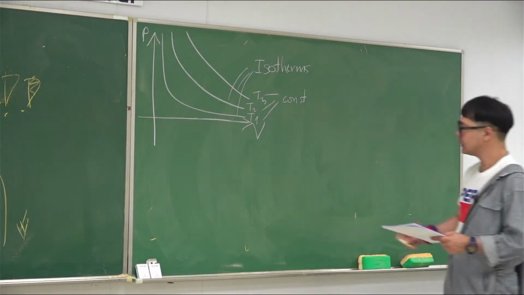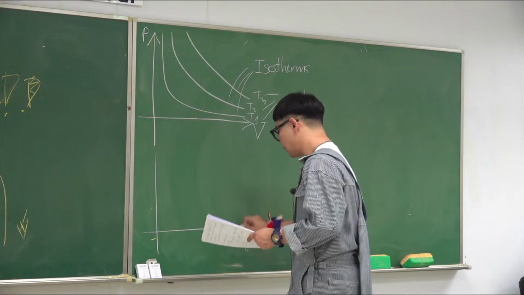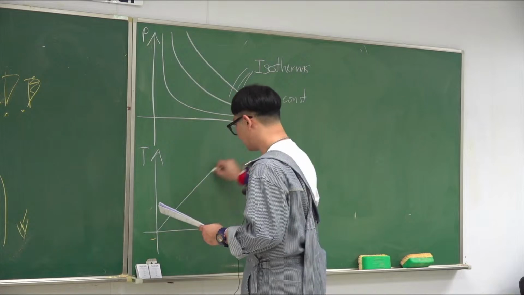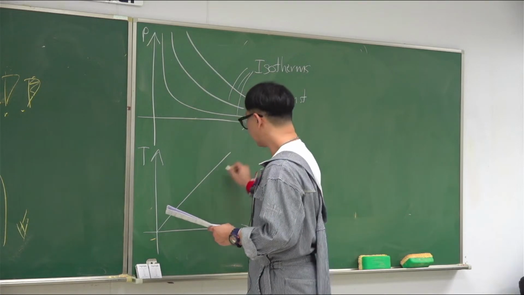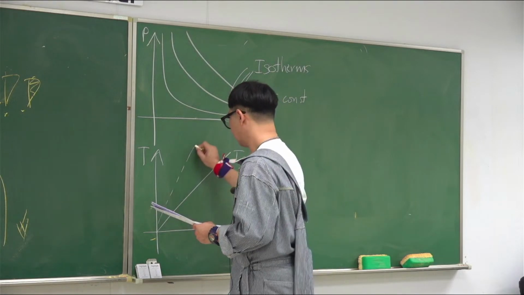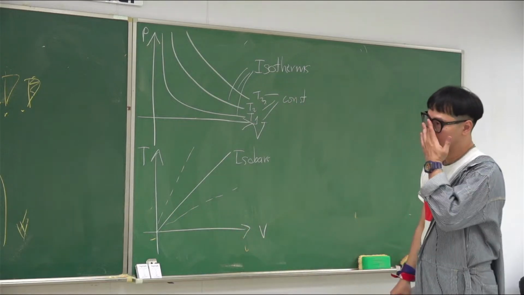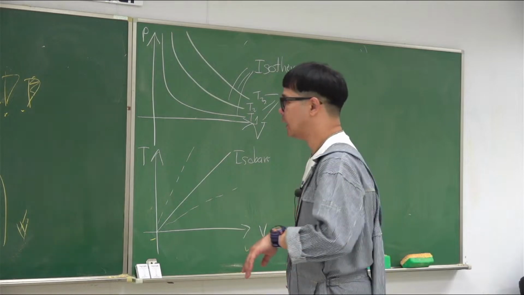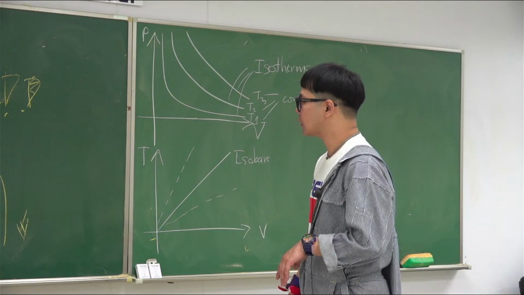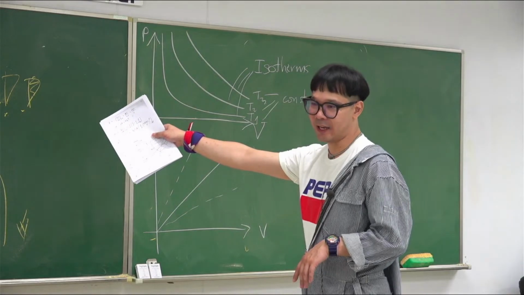in temperature, right? Okay, and so if you draw the T and V diagram, you could get this. This is called an isobar, right? You could have this kind of thing, okay? Because T and V, actually it's linear, right?